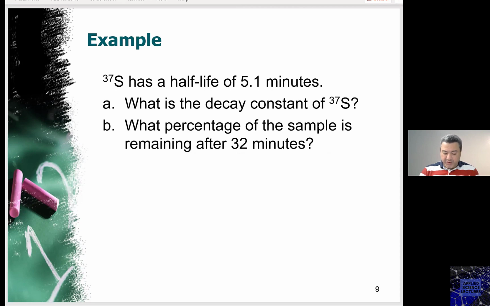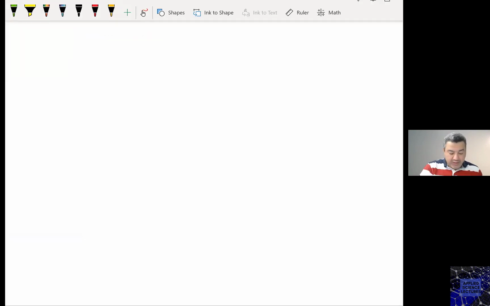In this example, the nucleus S37 has a half-life of 5.1 minutes. The question is, what is the decay constant of this nucleus? We need lambda. What percentage of the sample is remaining after 32 minutes? Here we have the half time as 5.1 minutes.